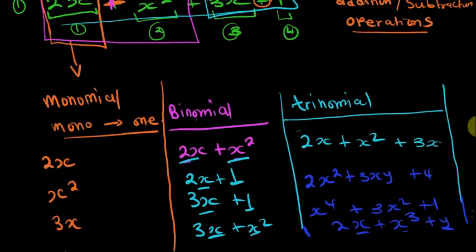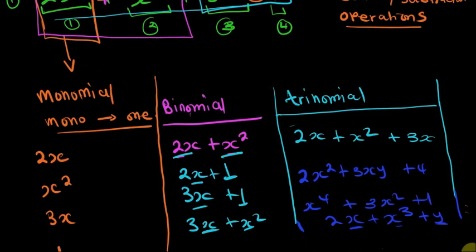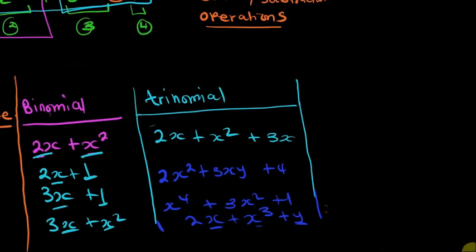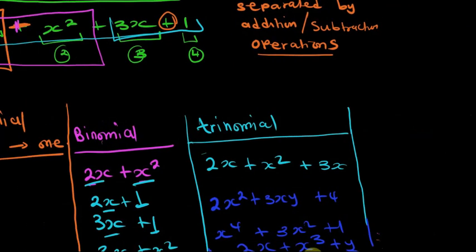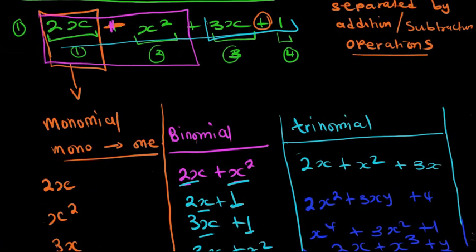Right. What about a polynomial? Well, a polynomial is the expression that we started with. As we observe, what we started with has 4 terms: 1, 2, 3, 4. So if an expression has 4 terms or more, we regard that expression as a polynomial.